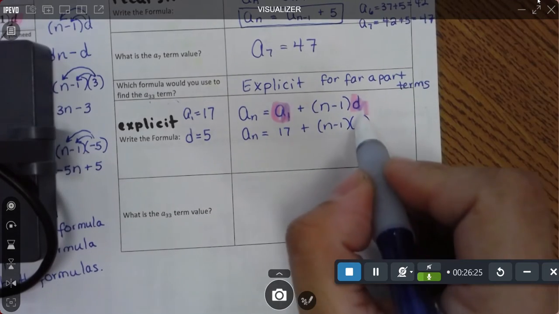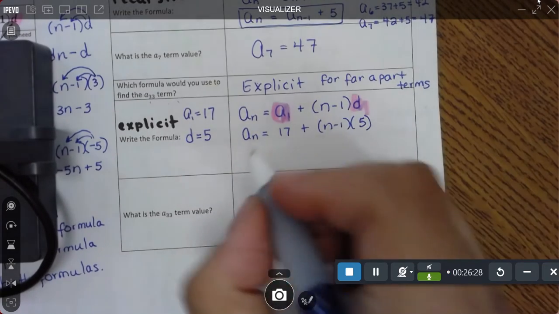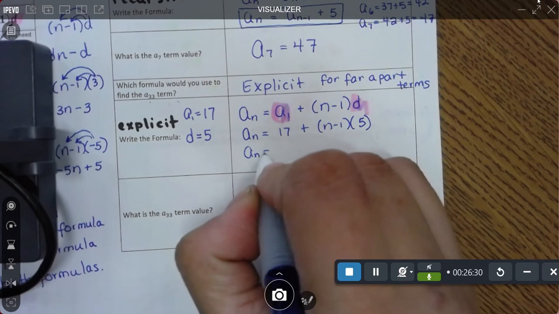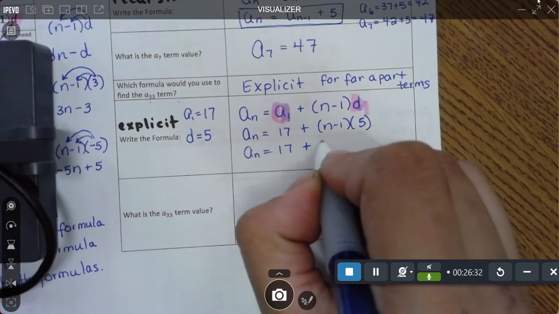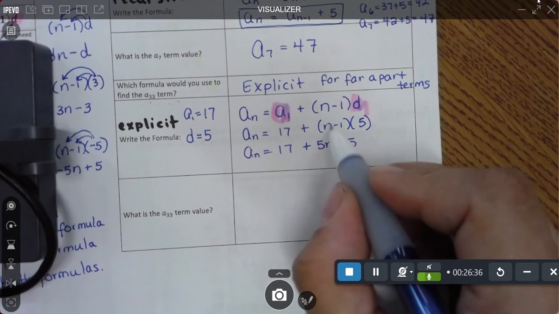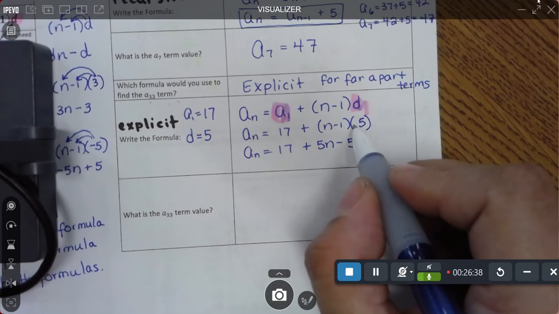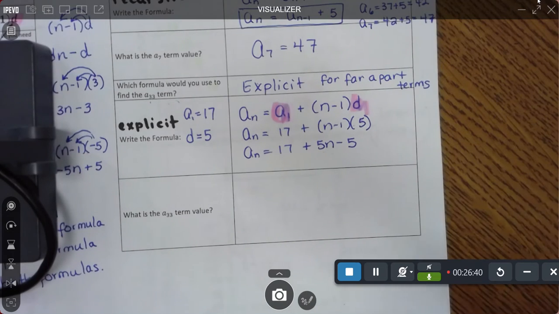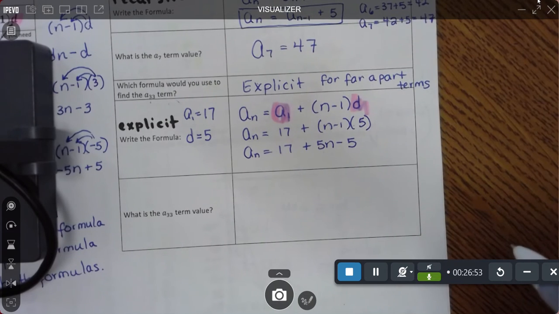And so now I'm going to distribute my 5. 5 times n, 5n. 5 times negative 1, negative 5. We're good? Are there any like terms that we can combine?